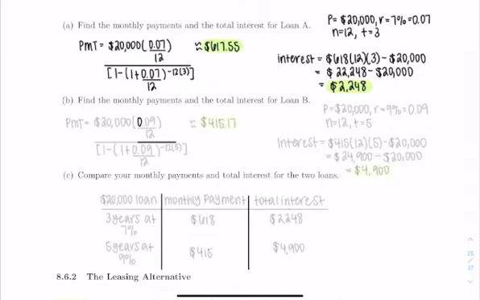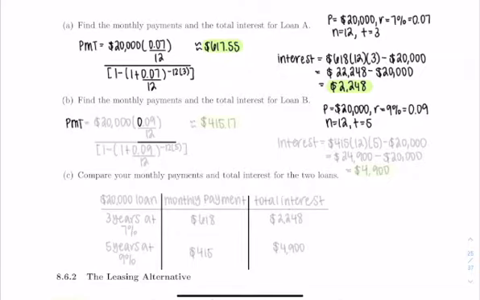We're going to do the same idea for loan B. My P is still 20,000. My rate is 9%, or 0.09. My N is still 12 and my T is 5.